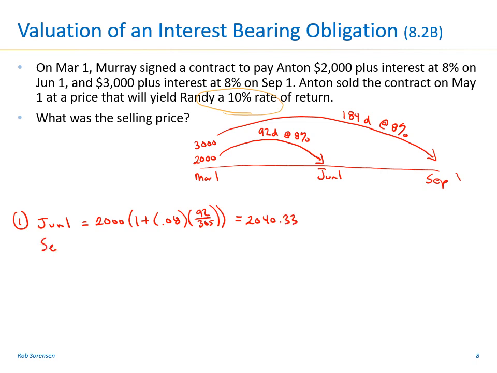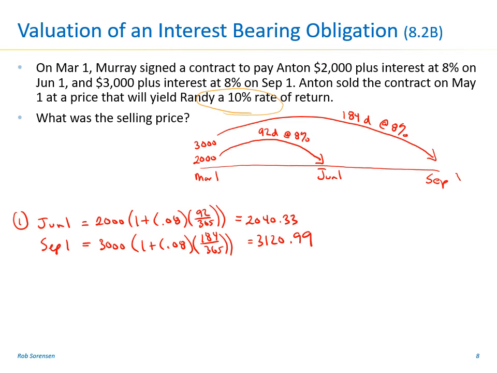Well, I also have a September 1st payment that was promised, and that was $3,000 plus interest for 184 days. And that works out to $3,120.99. Now, I can't just add those up because they're on different dates, aren't they? But at least I've got them. Now I can work on step two.